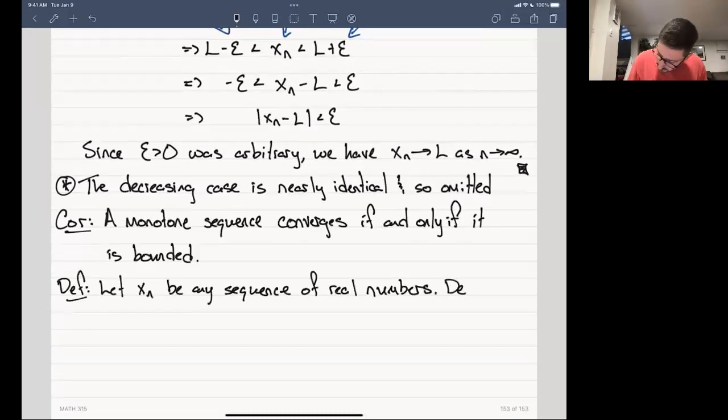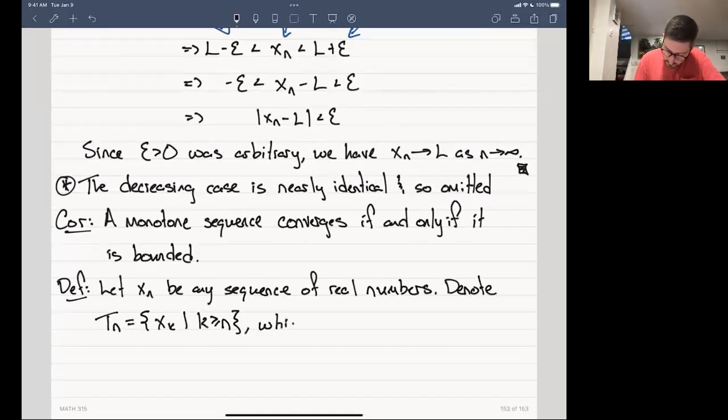We're going to denote this set T sub n, which is all of the elements beyond n. So T1 is just the whole sequence. T2 is all of the elements of the sequence beyond x2. T3 is all of the elements of the sequence beyond x3, and so on and so forth.